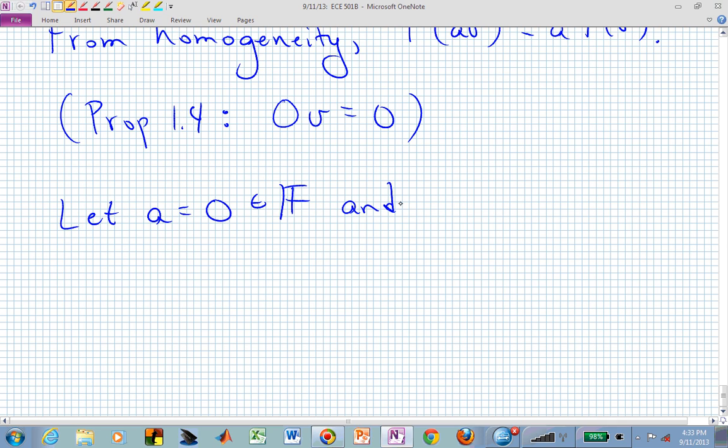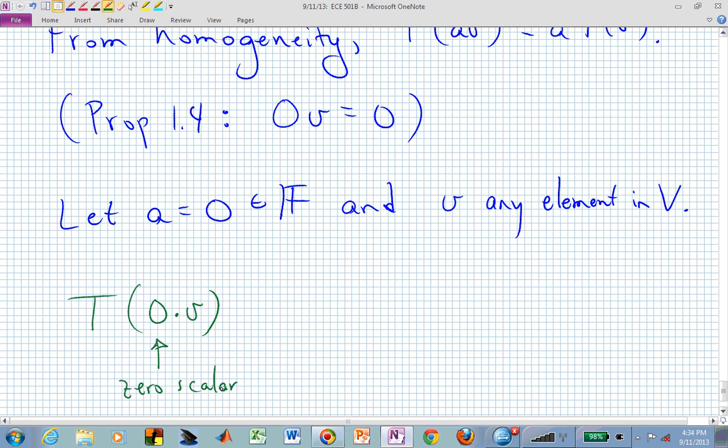And we can take any V we want, any vector in V, in capital V, our vector space. Doing that, then we can say T of A, which is 0 times V. So in this case, this is now our zero scalar. That's equal to T of 0, and that's proposition 1-4.